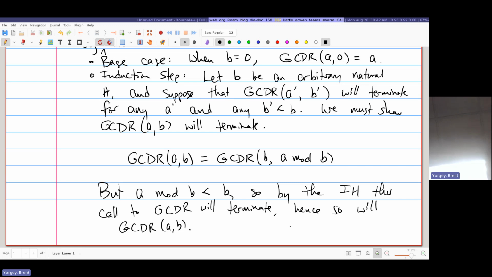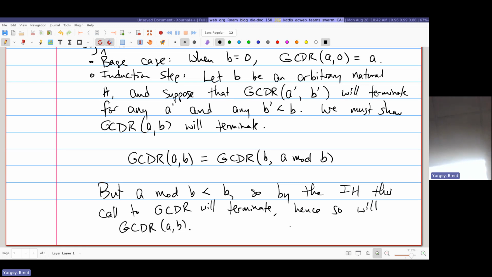So if you feel shaky on induction, I would recommend that you go and review that stuff. And the next homework assignment, homework 1, you'll be doing a ton of induction. On purpose, I put a ton of induction in there, partly because it's what we're doing, and partly to make sure that you get a bunch of hard stuff.